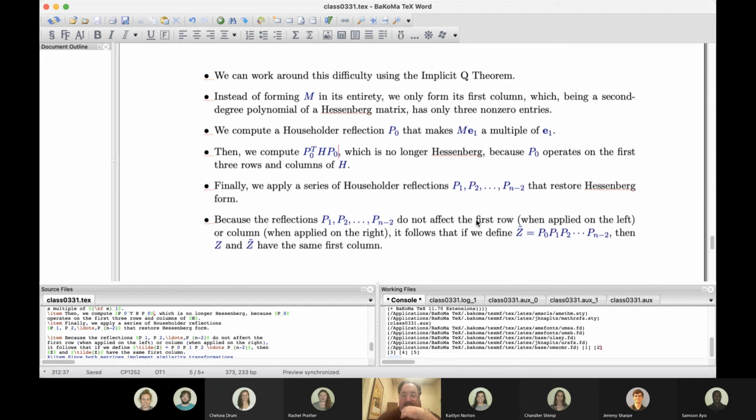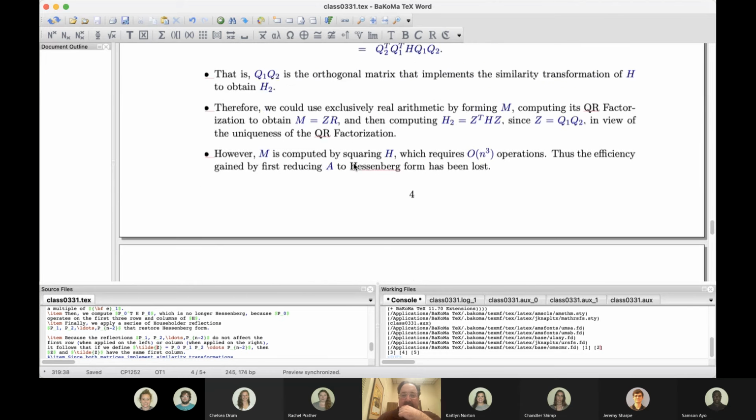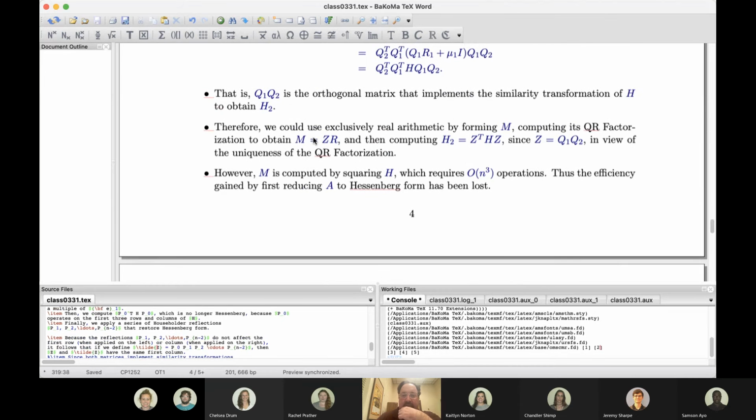So now, if I define Z tilde to be the product of all of the Householder reflections, this one as well as these, then it turns out that because these do not affect the first column of P naught, Z tilde has the same first column as Z, the matrix that is used to reduce M to upper triangular form.